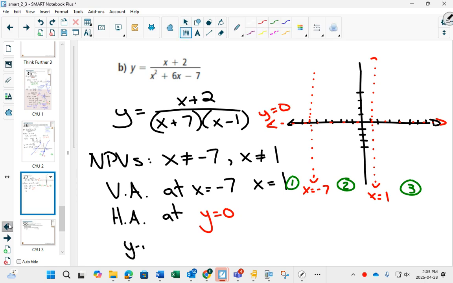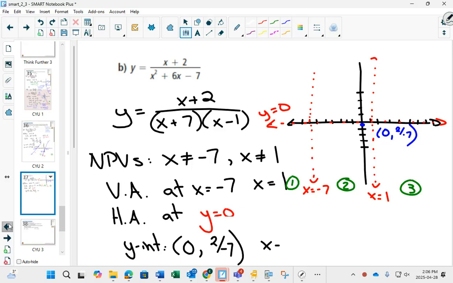Starting with the y-intercept because it's the easiest. Plug in 0 for x, and you get 2 over -7. There's our first point. Do we have any x-intercepts?